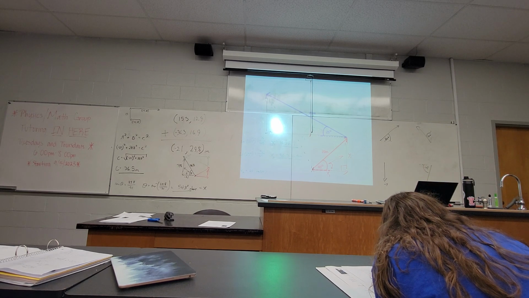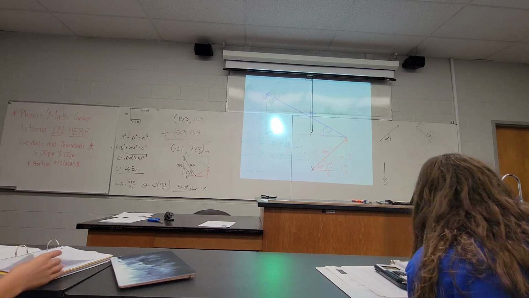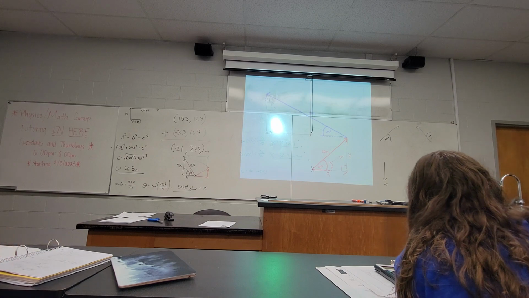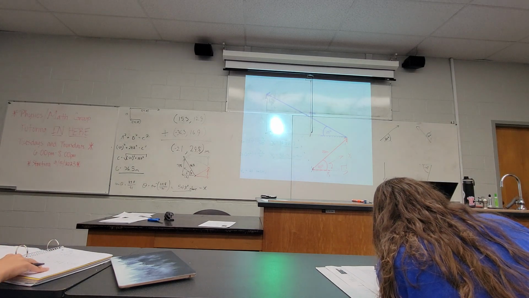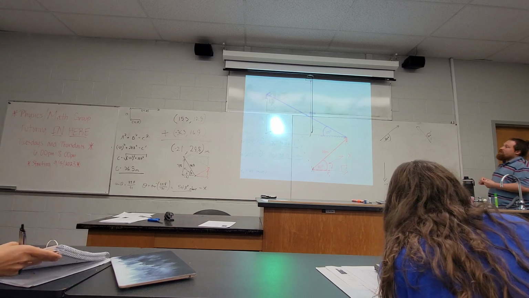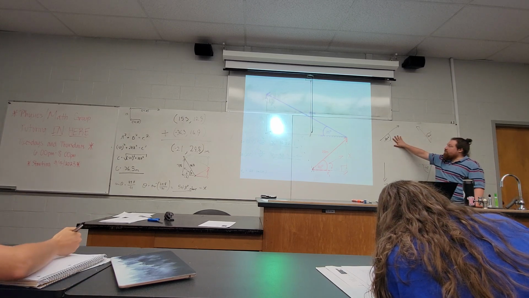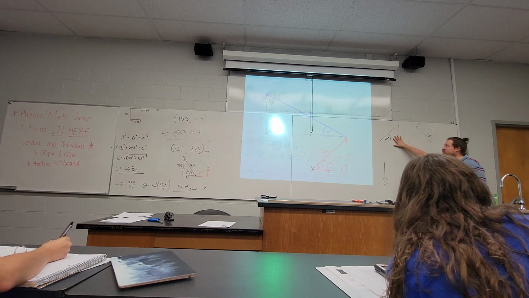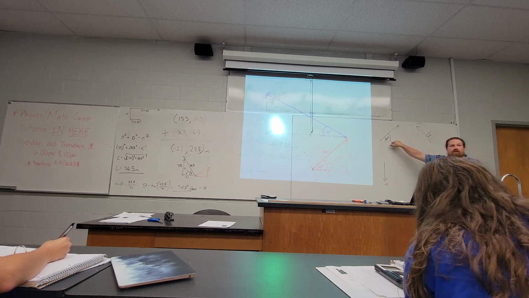And I just want us to think about what frame of reference each of these angles is from, how you would best describe the directions these things point. Here we have something pointing at 30 degrees. What is that 30 degrees from?